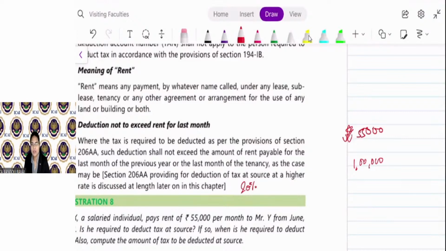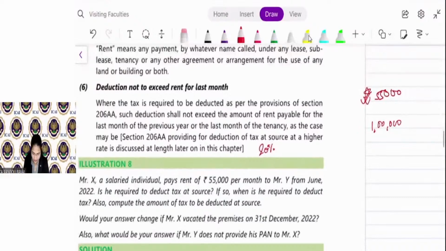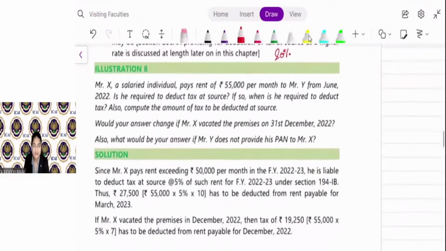Because the owner will not give you the excess amount, right? In case the PAN is not provided by the owner and you are required to deduct TDS at 20%, then your TDS is restricted to the last month rent. You will better understand by illustration number 8.